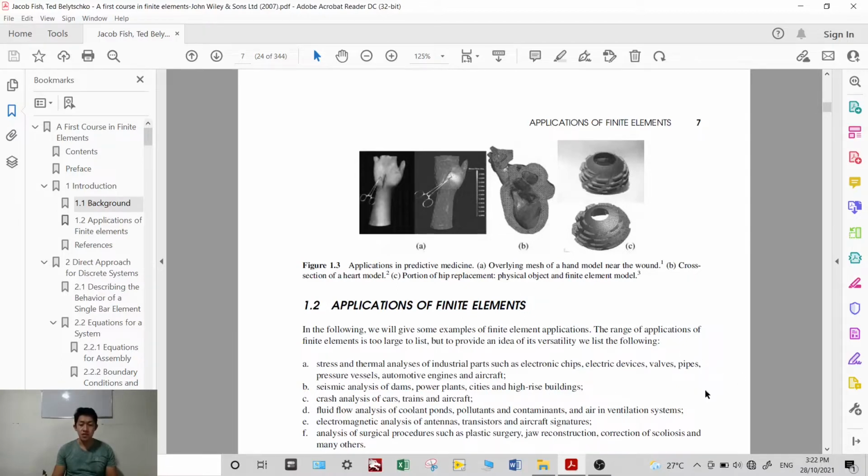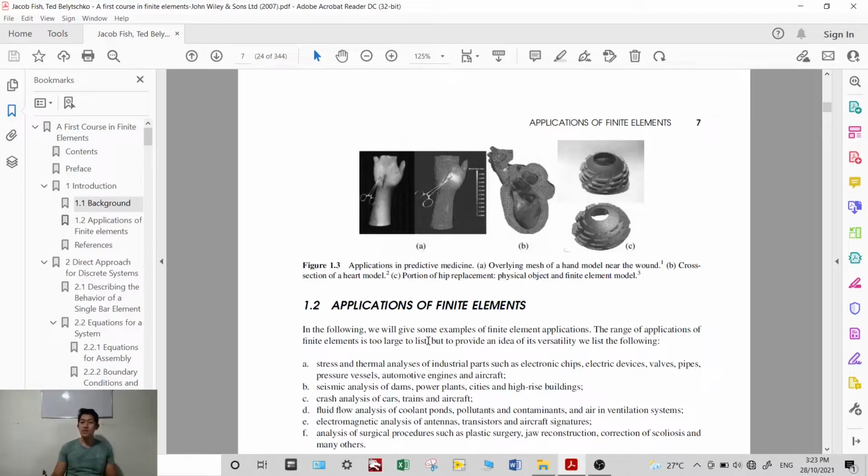So actually, the applications of finite elements are huge. Seismic analysis of dams, power plants, and high-rise buildings. Another one is crash analysis of cars, trains, and aircraft. So you can use finite element to analyze the behavior during a crash for cars.